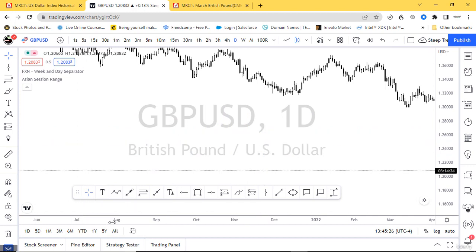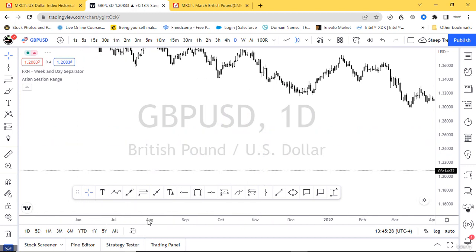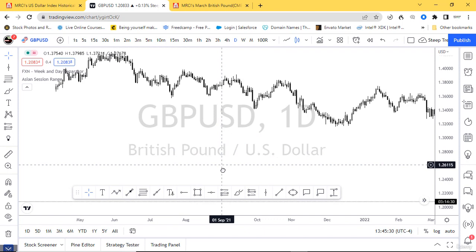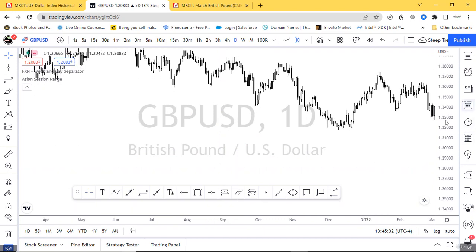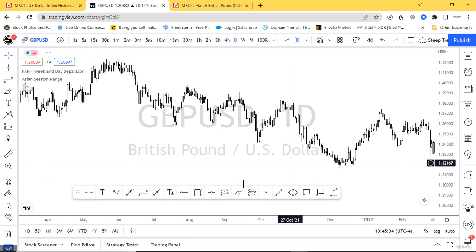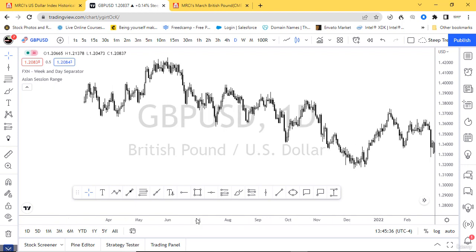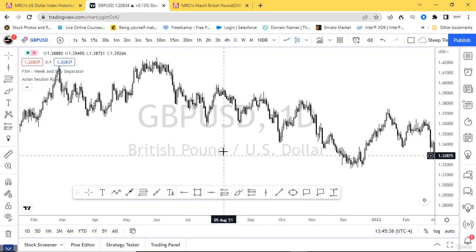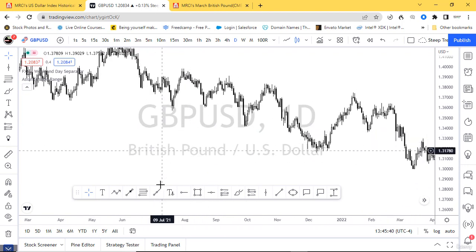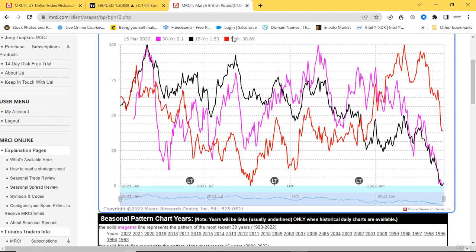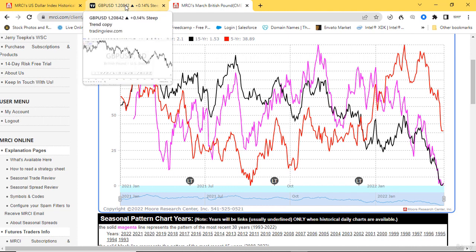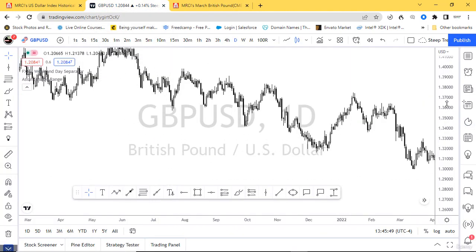Now you don't need a paid subscription to TradingView, because you're not going to be really using a lot of indicators, or really any indicators. All right, so let's mark off July to October on here, and let's compare.